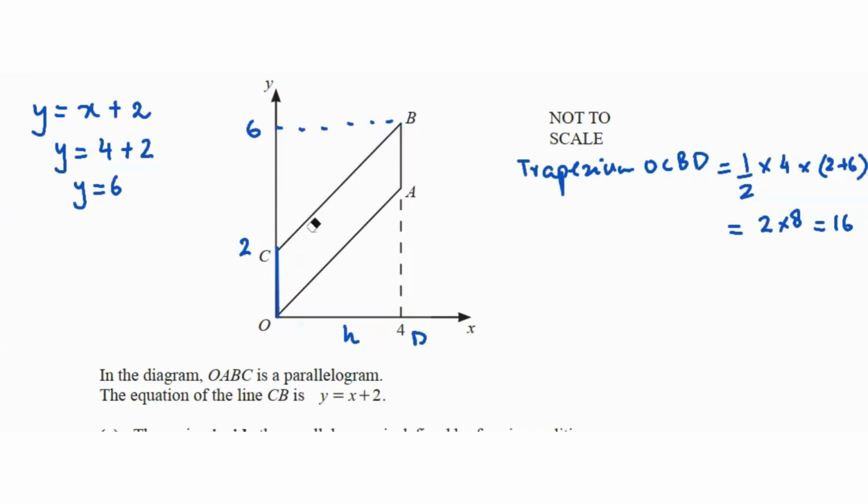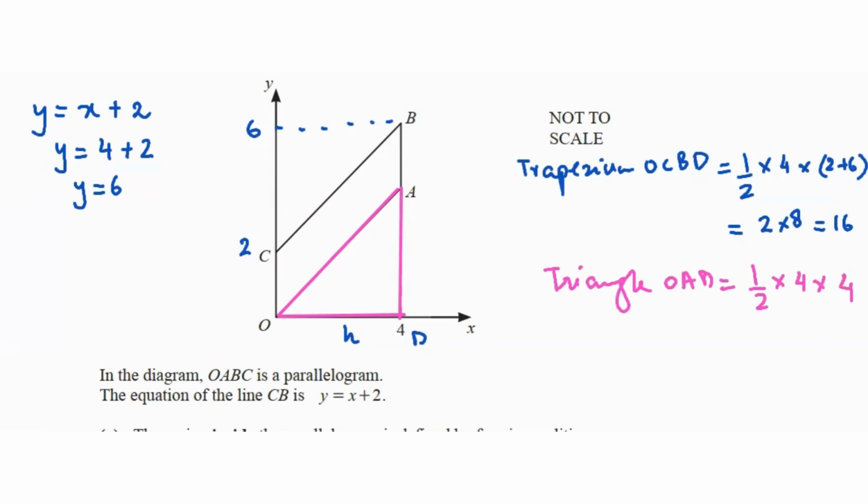Now what I'm going to do is find the area of this triangle over here. And then you will see that when we subtract the 2 values, you can find the area of the parallelogram. So triangle OAD. That's going to be 1 over 2. Base is your 4. And height is going to be 4 as well.